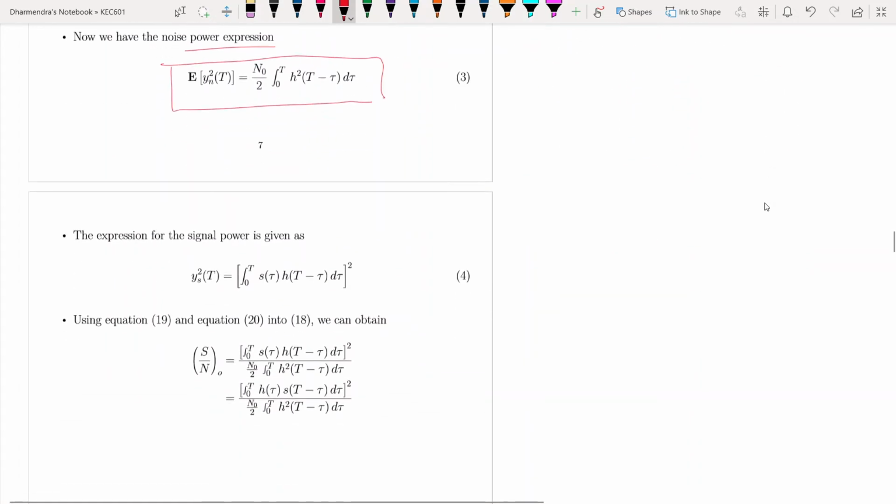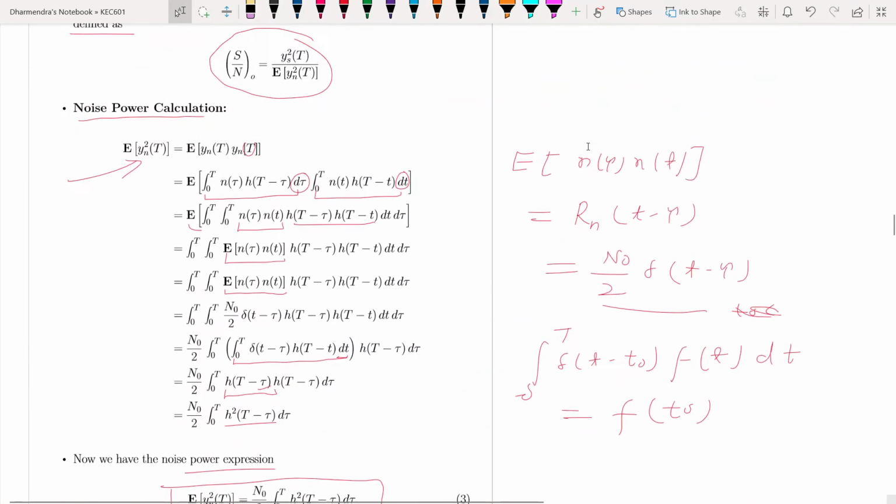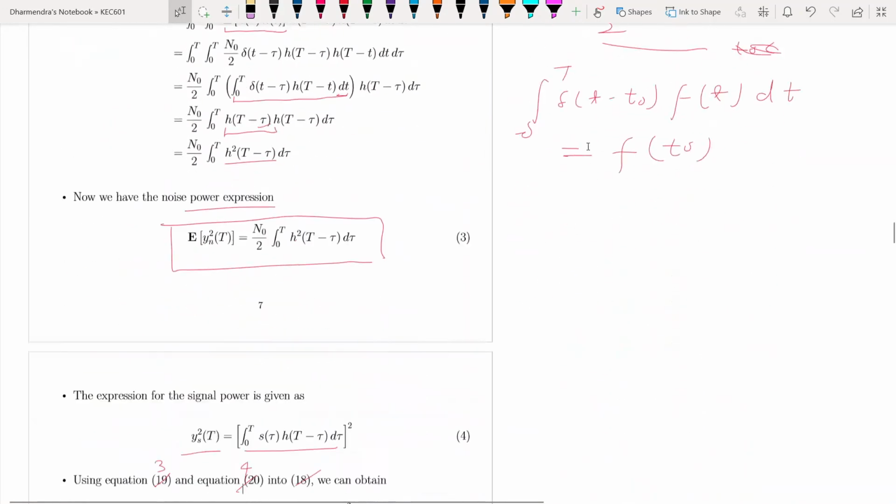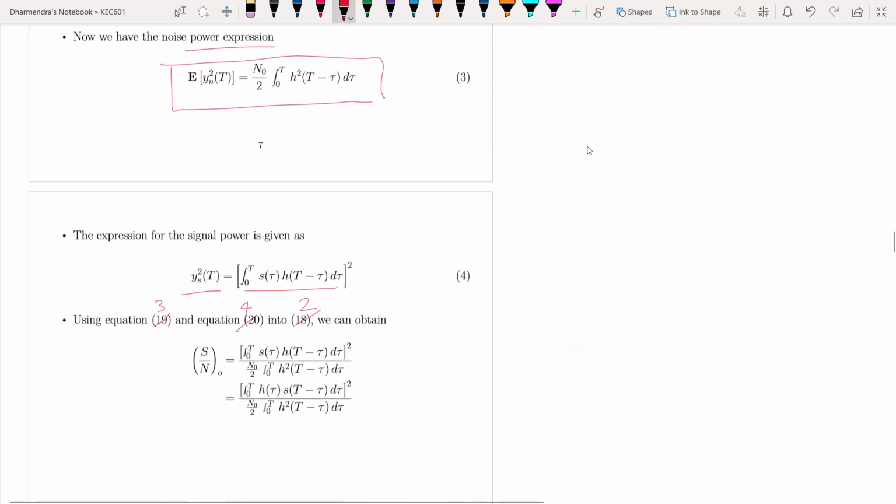Now the expression of the signal power, this is the square of ys of t. So ys of capital T is this. Square this. There is some equation number that is wrong. Use 3 and 4 in 2, and we can obtain this.